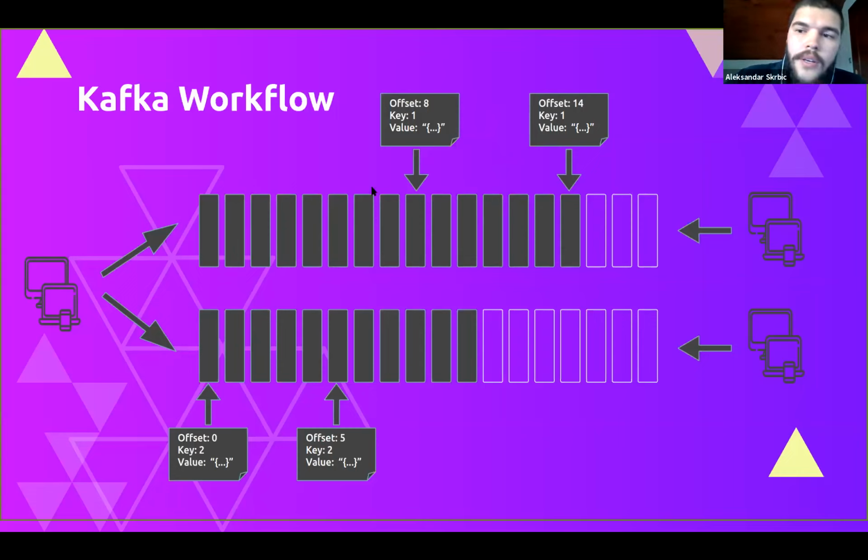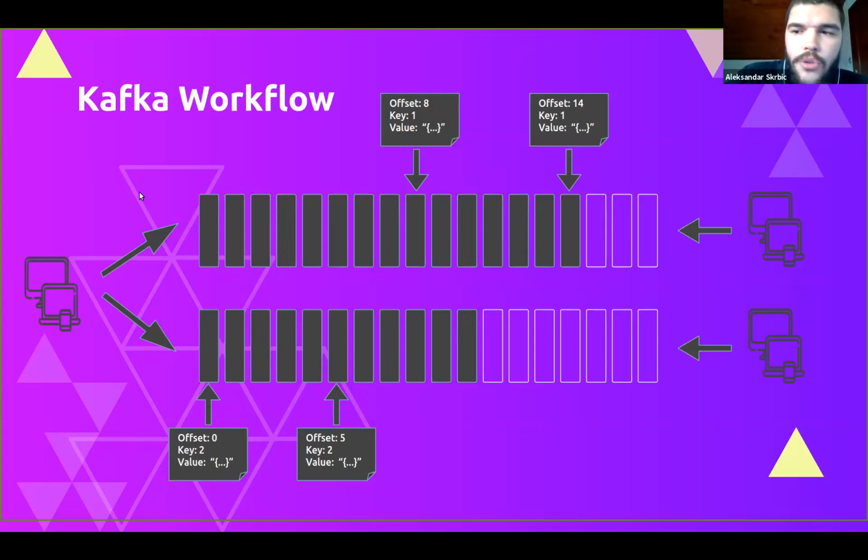Another interesting thing related to the Kafka producer is that a producer can assign a key to a message. Every Kafka message is just a key value pair, but can have some metadata like offsets or timestamps. But the key is optional. If you do not assign a key to your message, the key will be null, and messages without a key will be distributed in a round-robin fashion across topic partitions.